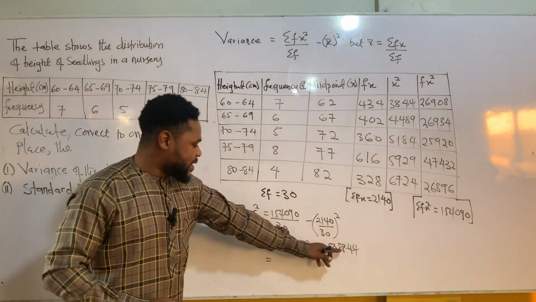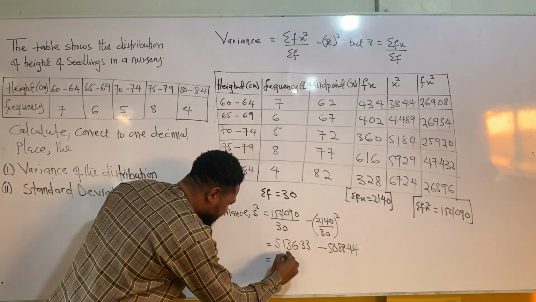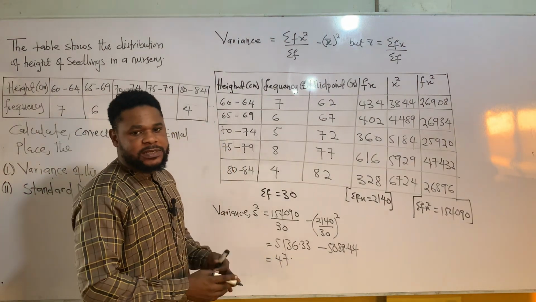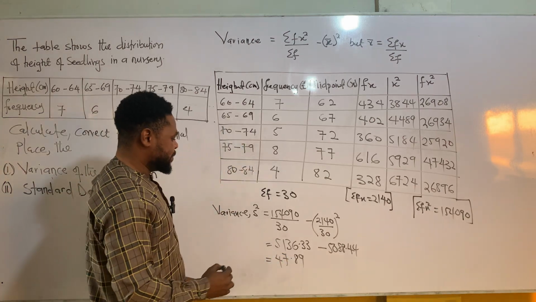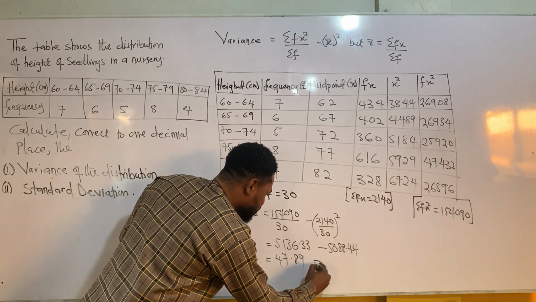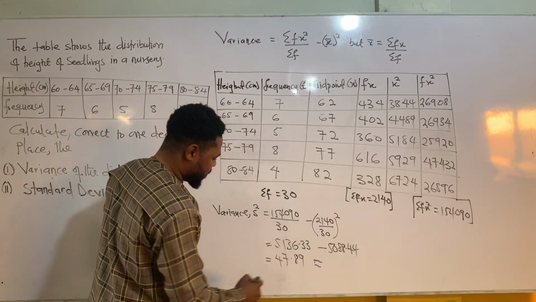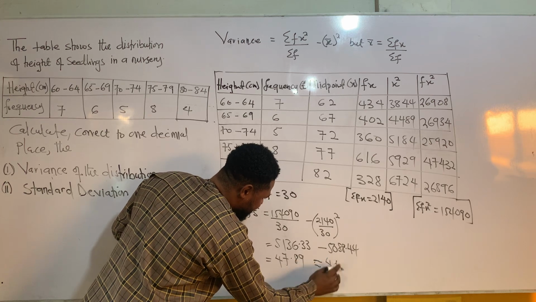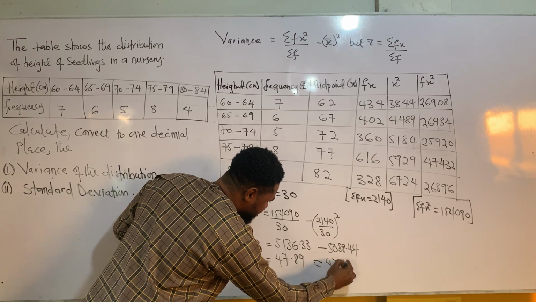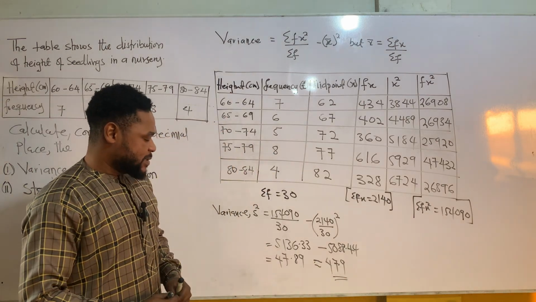So we find the difference. And when we find the difference, we'll get 47.89. And to one decimal place for this, we'll get 47.9. So this will be for the variance.